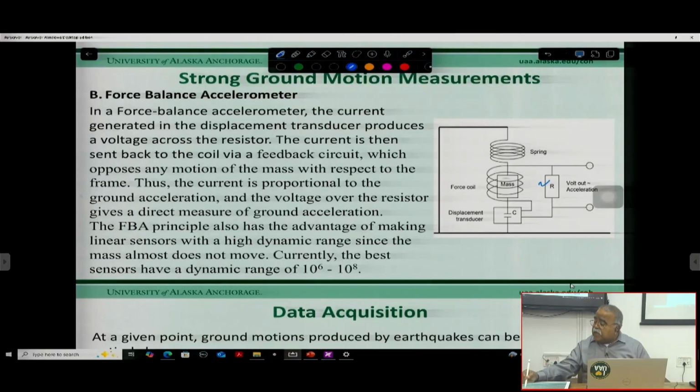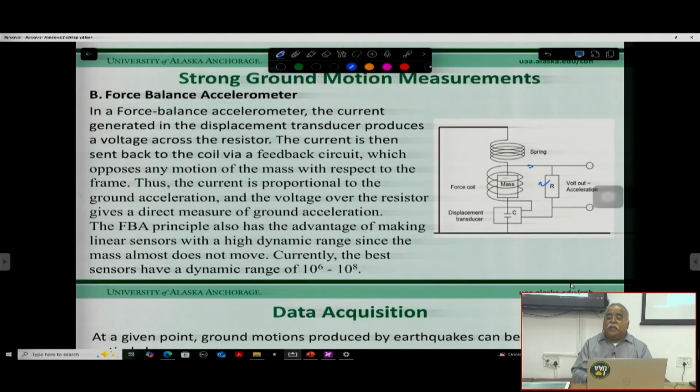Now, since this is an electrical circuit, if the mass moves, then an electromotive force is developed due to electromagnetic induction, and as a result, a current flows, right? So this current across the resistance gives a voltage, and that voltage you measure, right?